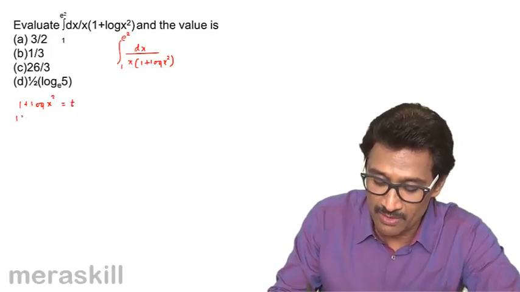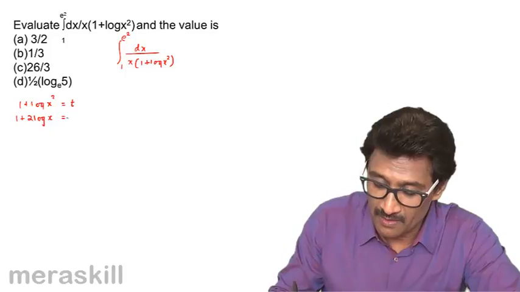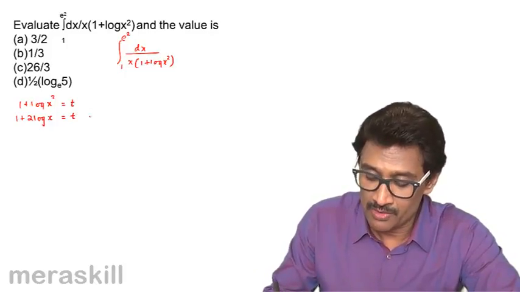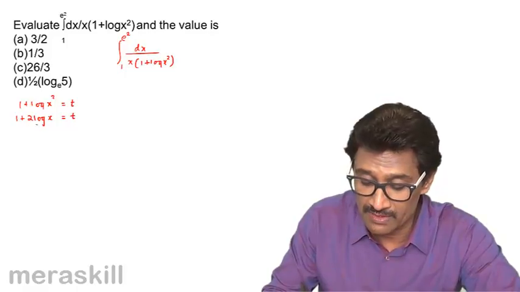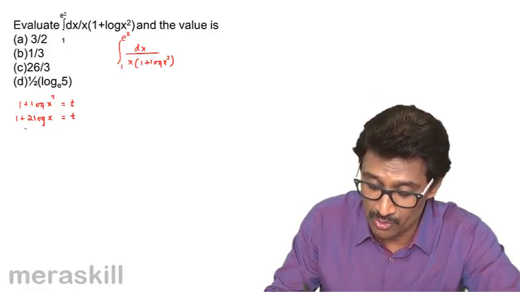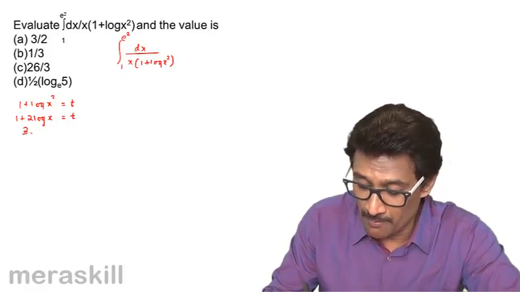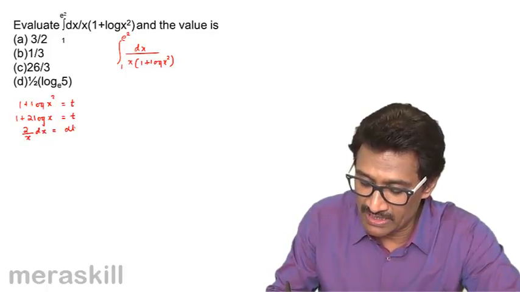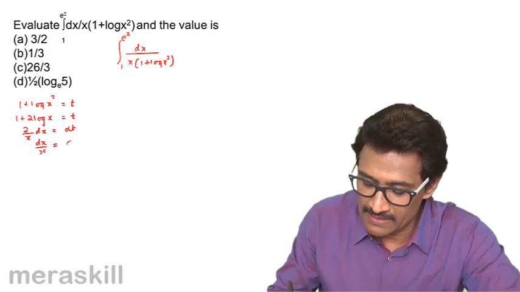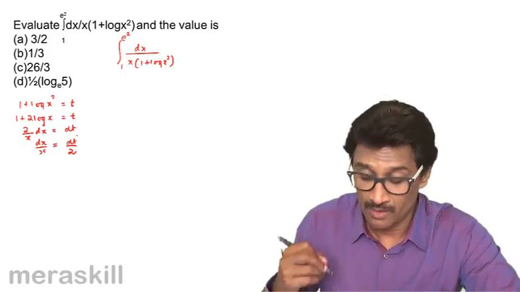Now take the derivative on both sides, differentiate both sides with respect to x. So it's going to be 1 upon x dx is equal to dt. So dx upon x is dt.